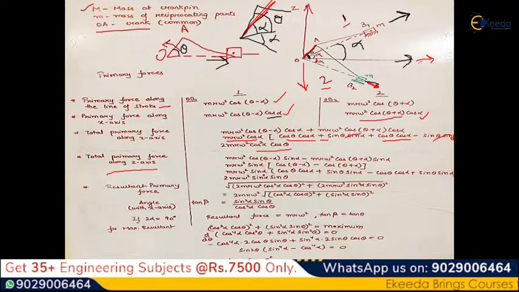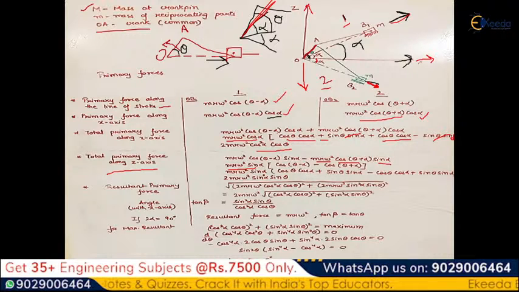So it becomes mr omega square cos theta minus alpha sin alpha minus mr omega square cos theta plus alpha sin alpha. Because they are the vertical components, both of them have sin alpha, and we have already assumed that the angle which the line of stroke of both the systems makes with the x-axis is alpha. That is common for both the systems. So it becomes mr omega square sin alpha, and what we are left with is cos theta minus alpha minus cos theta plus alpha.